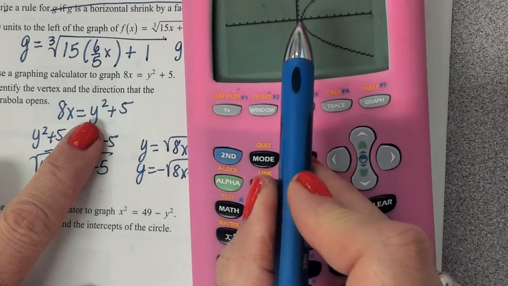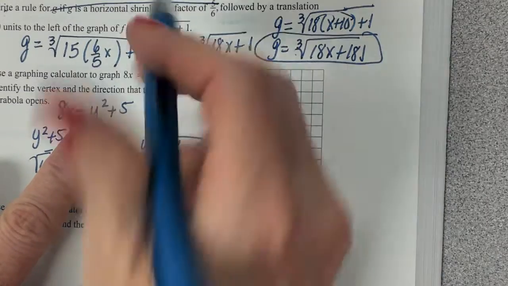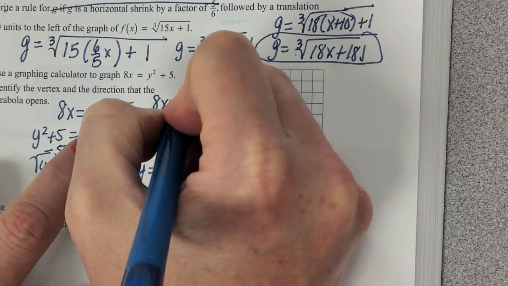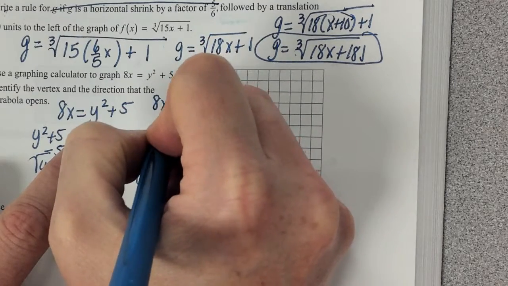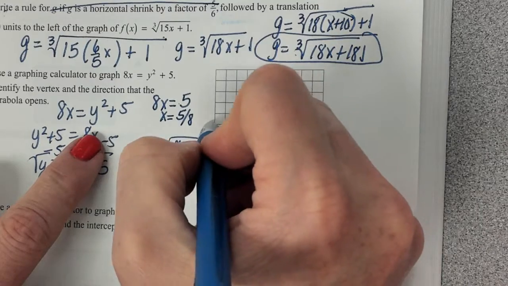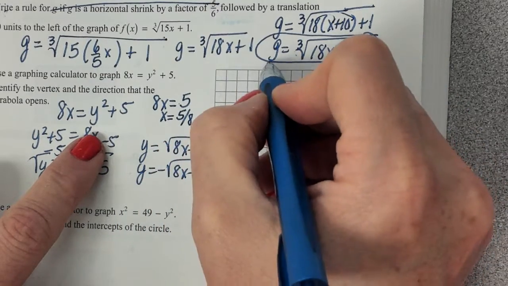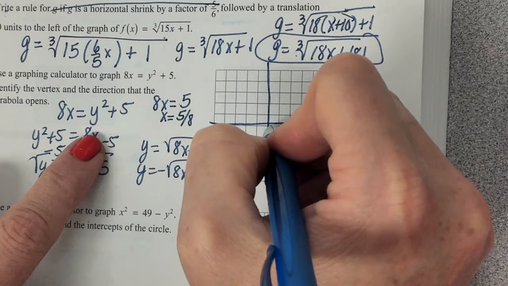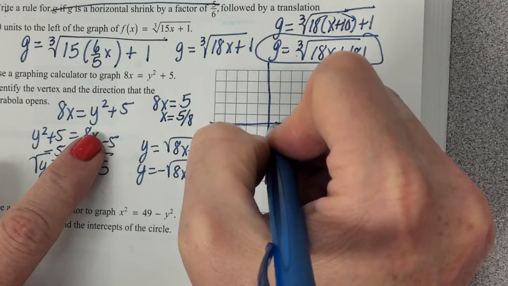Can you see that? How the vertex is right there? So I'm going to plug in 0 for y, and then I'm going to solve for x. And that's going to be where that vertex is. So that vertex is not at 1, it's not at 0, it's not even at a half. It's actually at 5/8.